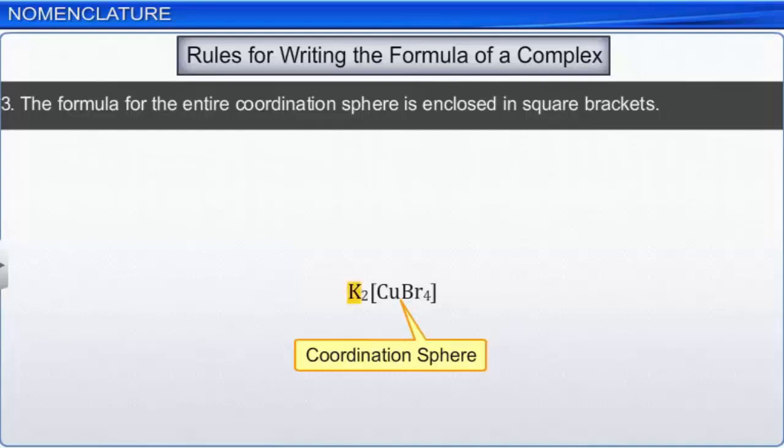So, we can see a square bracket is given to tetrabromidocuprate. Potassium is a counter ion. Tetrabromidocuprate is a complex anion. That's why it is enclosed in the square bracket.